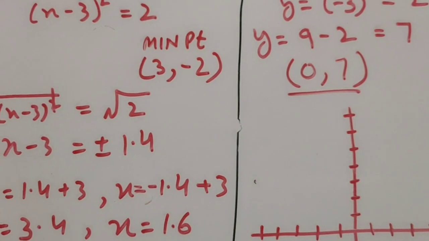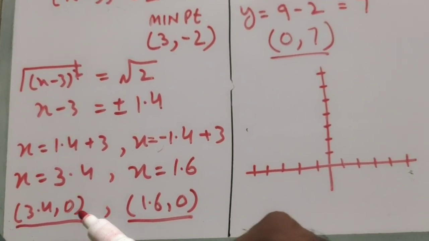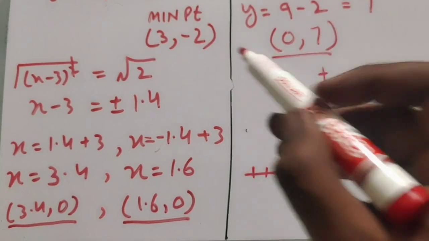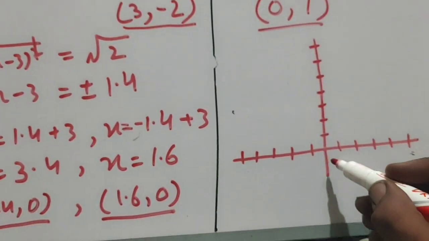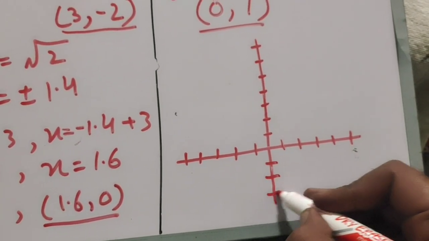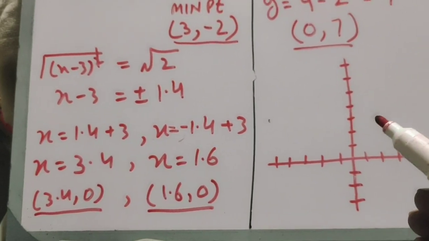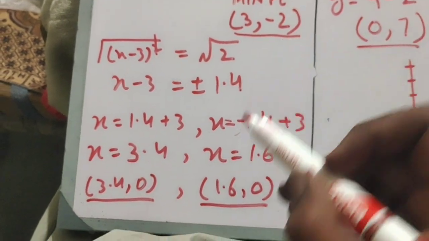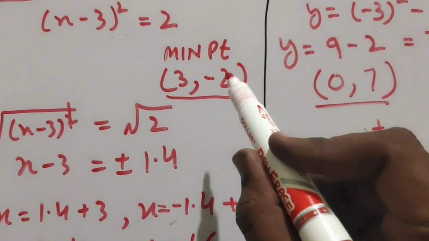Students, we have to plot the points, and the minimum point is also one of them: (3, minus 2). So we will extend our graph. Now we plot the points. The first point is (3, minus 2), which is the minimum point.